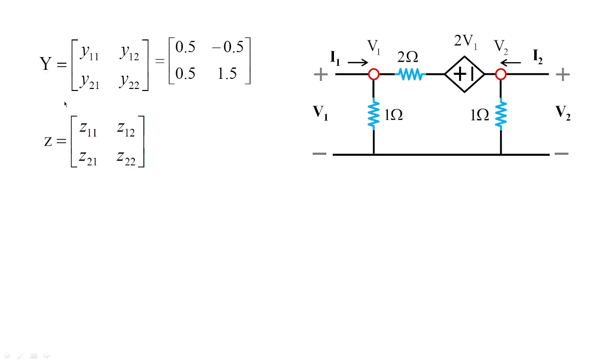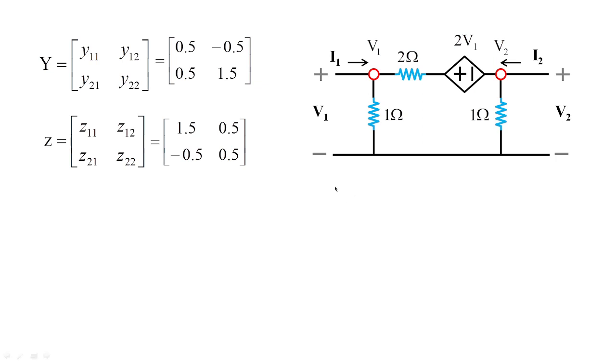So similarly, you employ the inverse of this particular equation and you get the value of Z parameters, which is equivalent to 1.5, 0.5, minus 0.5 and 0.5. Please answer in the chat box whether you got the Z parameters with the help of inversion of Y parameters or not.